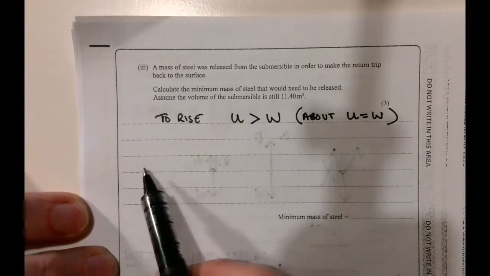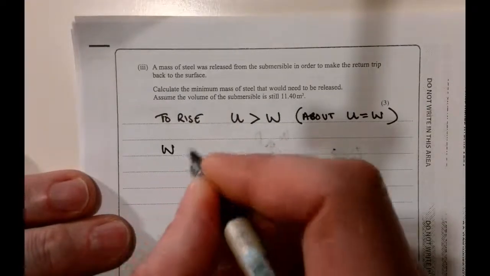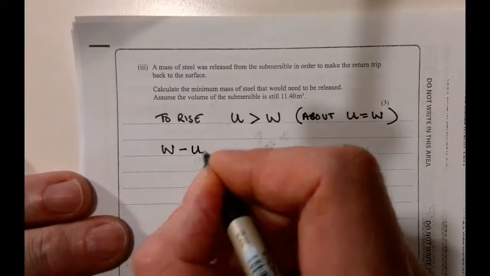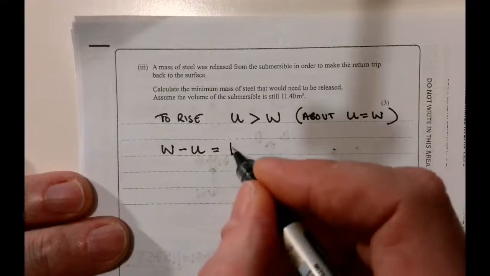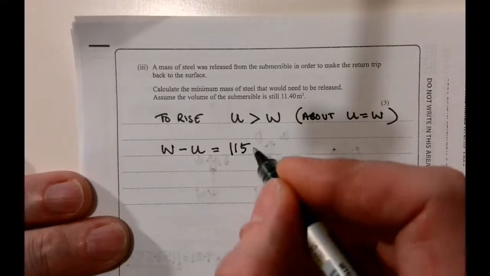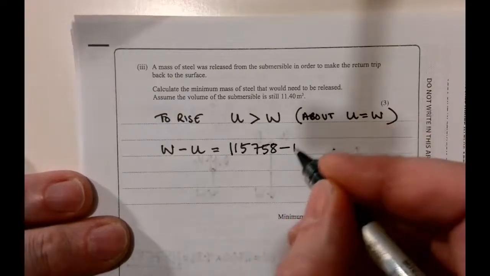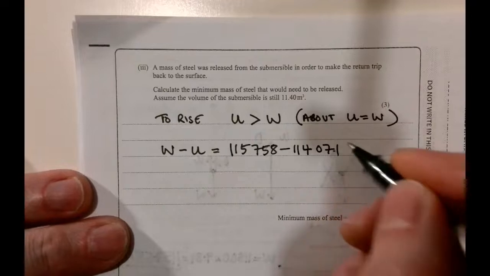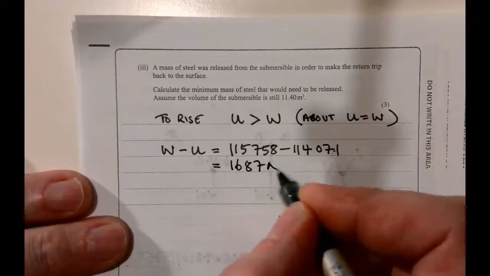Weirdly, that's going to be the same thing as we did in the last question. We're going to find out what is currently the difference between the weight and the upthrust. So weight minus upthrust is going to equal, from the previous question, 11,578 minus 114,071, which is 1687 newtons.